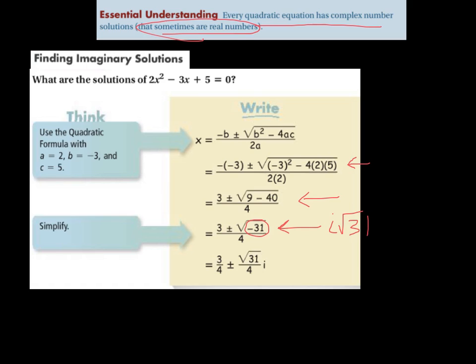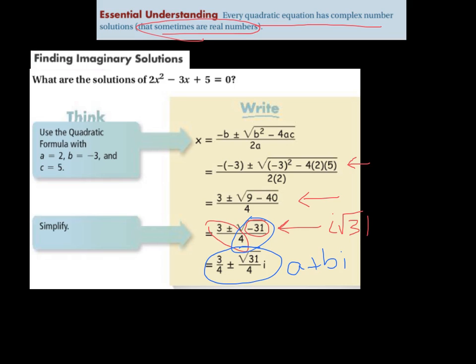So what happens there is we're splitting it. We're taking the real portion, which is the 3/4, and then the imaginary portion, which was that square root of negative 31, or this i square root of 31, and we're writing that as a complex number in that a plus bi form.